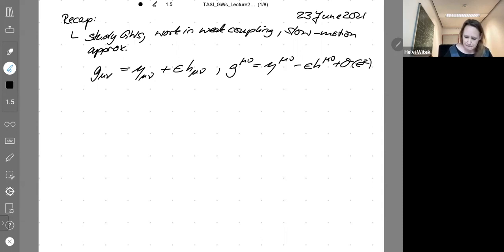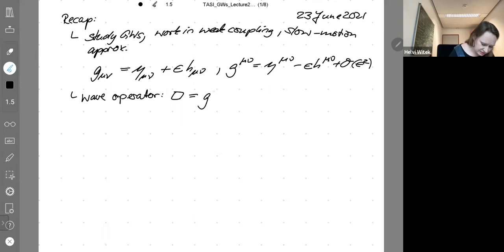Let me write out one operator that I think caused a little bit of confusion yesterday. If we look at the wave operator, in general we would have the Box operator, which is the contraction between the inverse metric g^μν and the covariant derivatives ∇_μ ∇_ν.